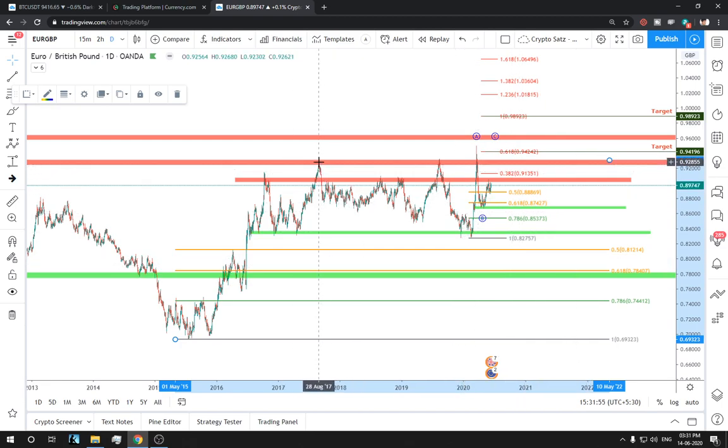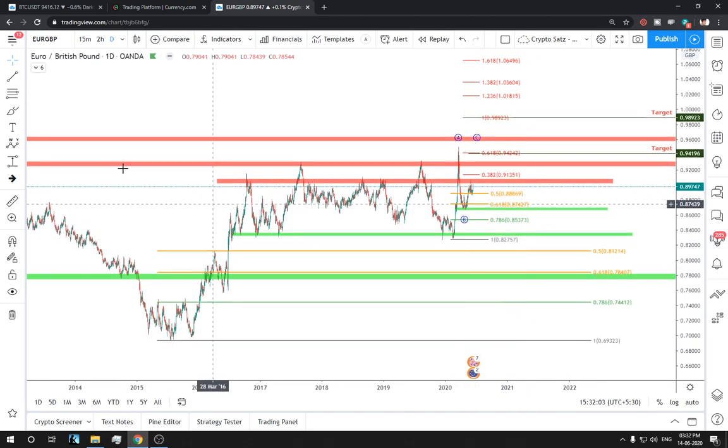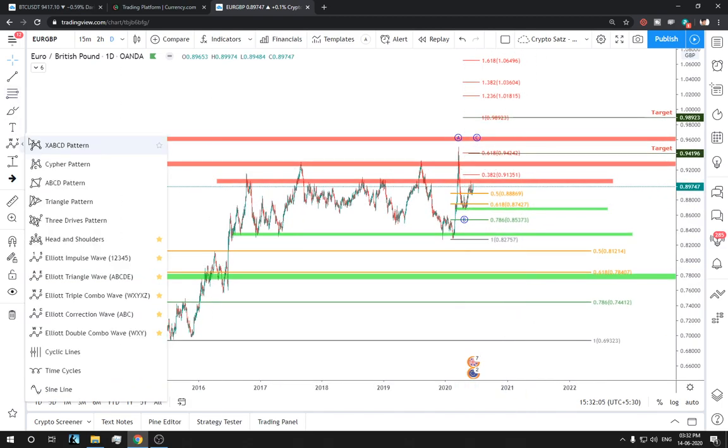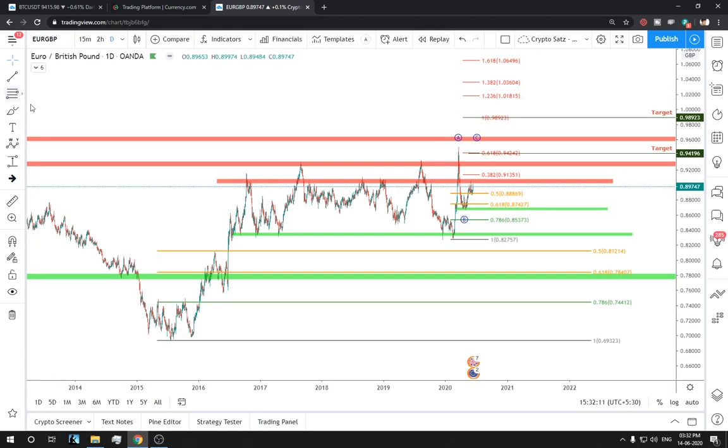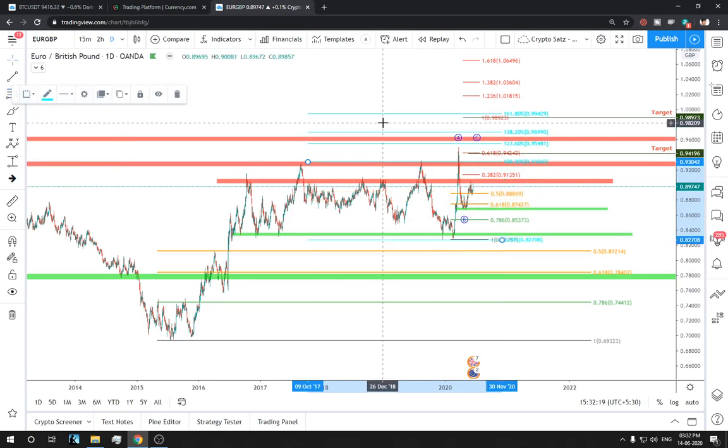So in my opinion, we could be dealing with a flat correction, an expanding flat, where we have an expanded B pocket. So to mark that, we'll see what our targets are for the expanded pocket.